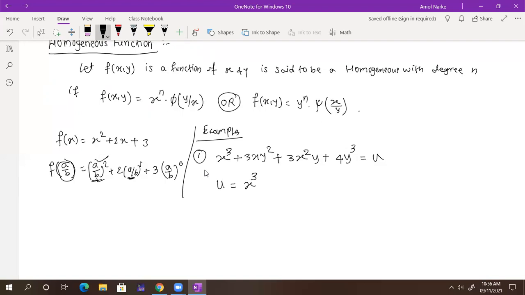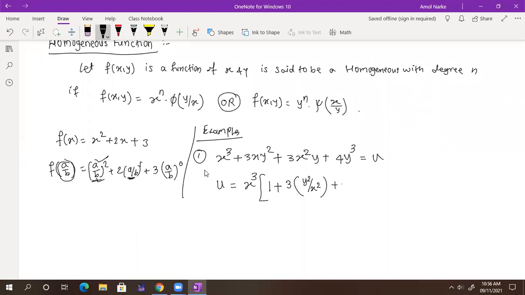Okay, so I can write u as x to the power cube taken common. What do I have remaining here? I am left with 3 into, here 3 into y square divided by x square. Is it okay? Yes. What is next?